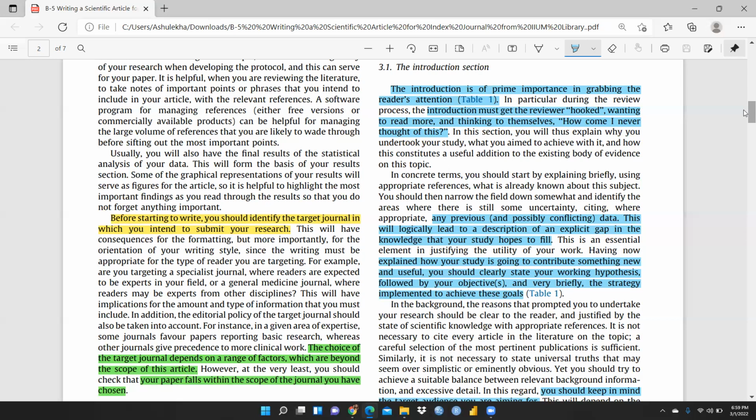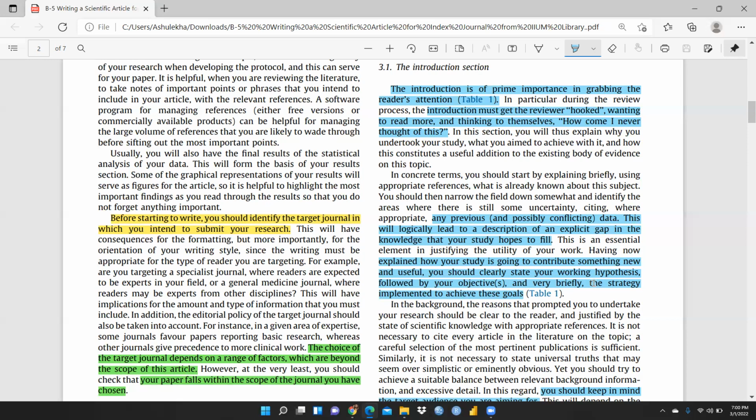Any previous and possibly conflicting data is important because it rationally and logically justifies why you wrote this research paper, and will lead to a description of an explicit gap in the knowledge that your study hopes to fill, explaining how your study contributes something new and useful.